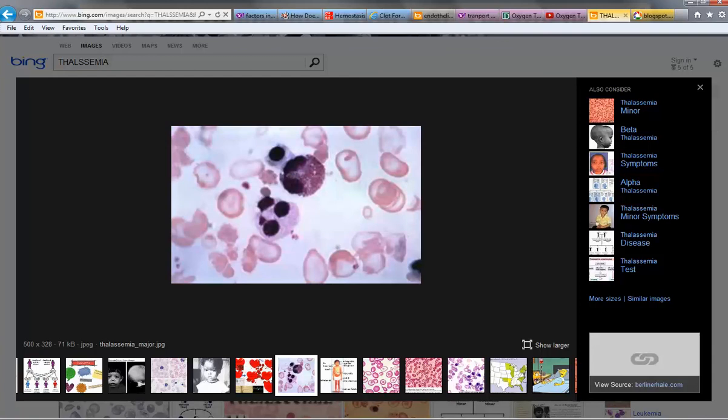It varies in severity, but in the picture here the red blood cells look quite pale. They don't bind hemoglobin well. They're not well shaped, so they don't carry as much oxygen as is required.